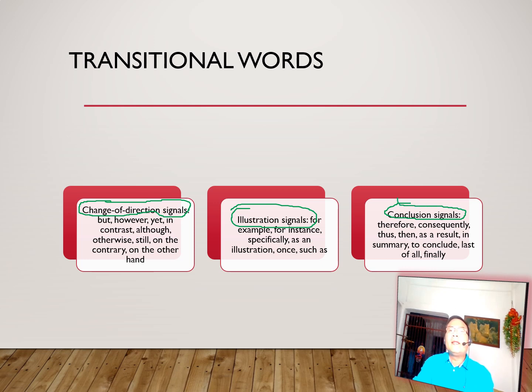You are already ending the essay when you're using consequently, therefore, in conclusion, in summary, or in sum, to conclude. So these are some of the conclusion signals, for when you're about to end your essay.